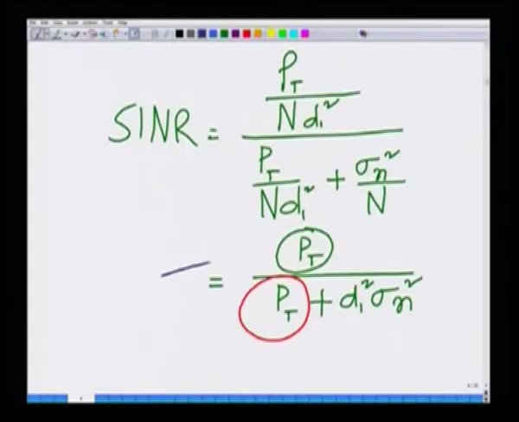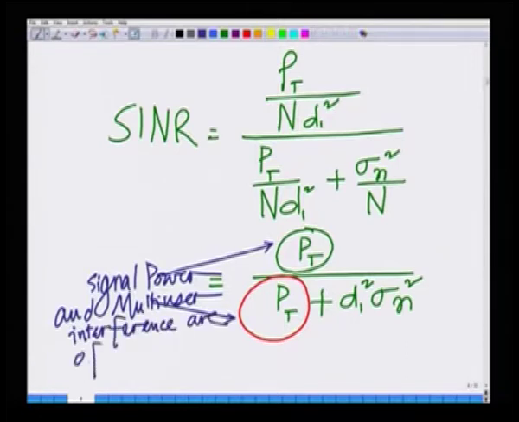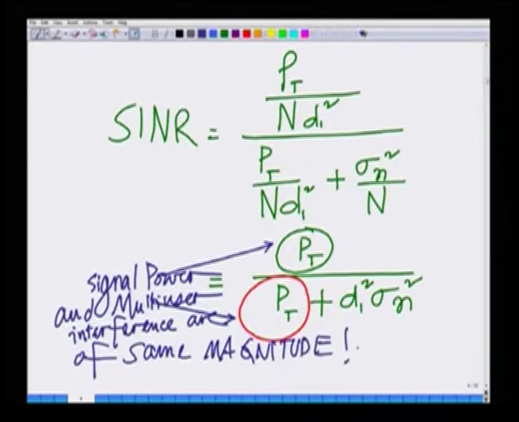If you look at this expression, the signal power and multi user interference are of same magnitude, which means the interference is very high compared to the signal power, whereas previously the interfering power was suppressed by a magnitude of n.